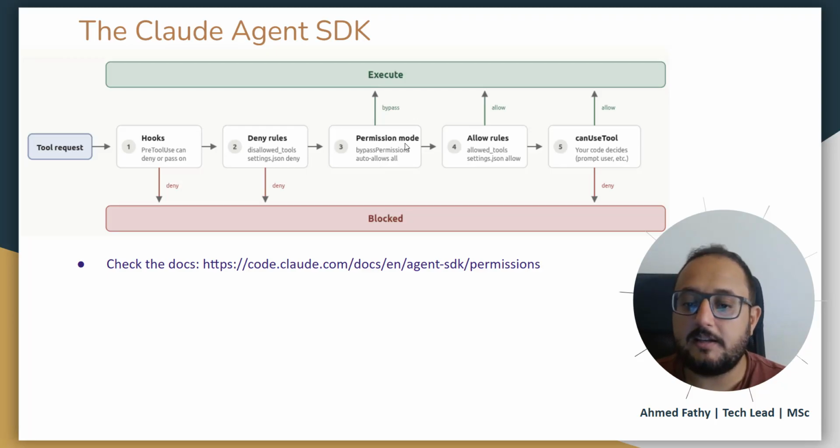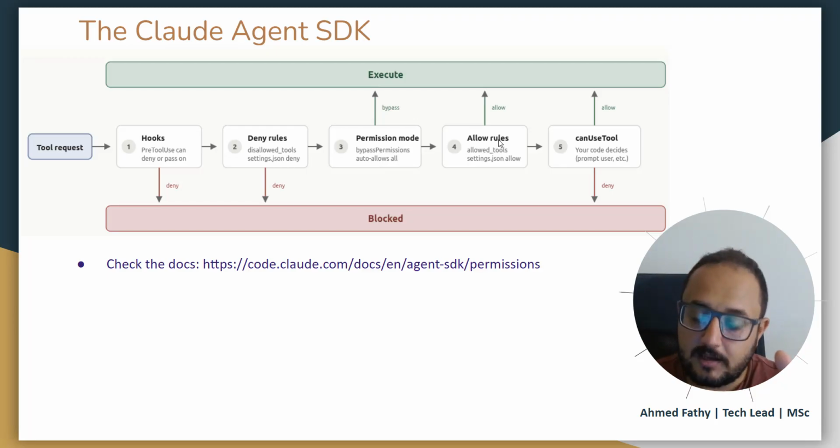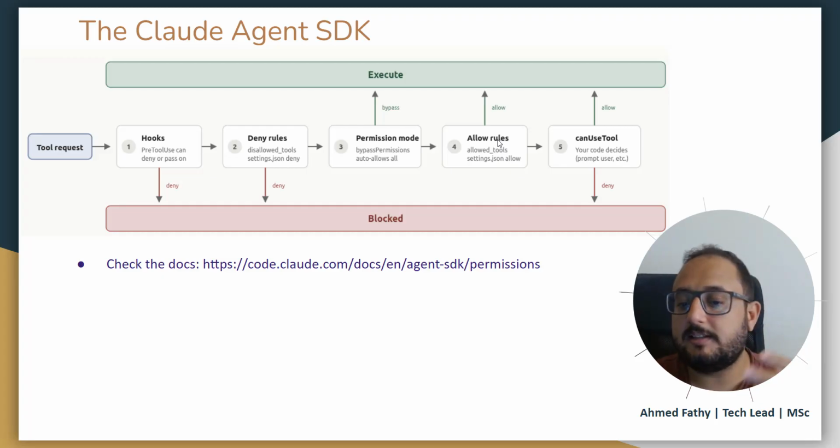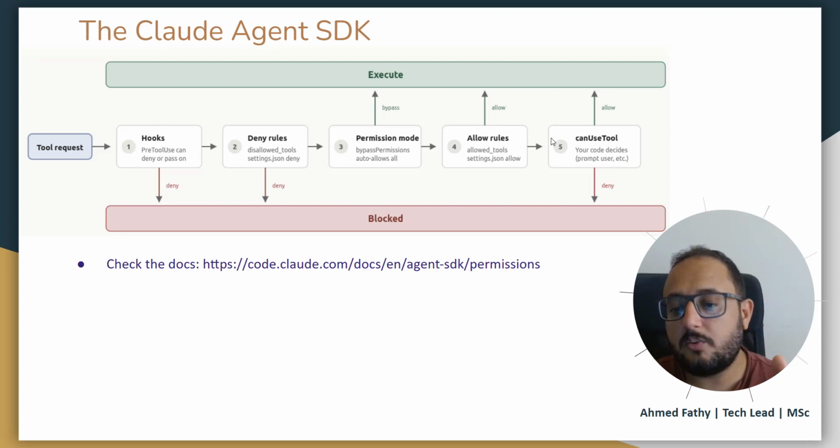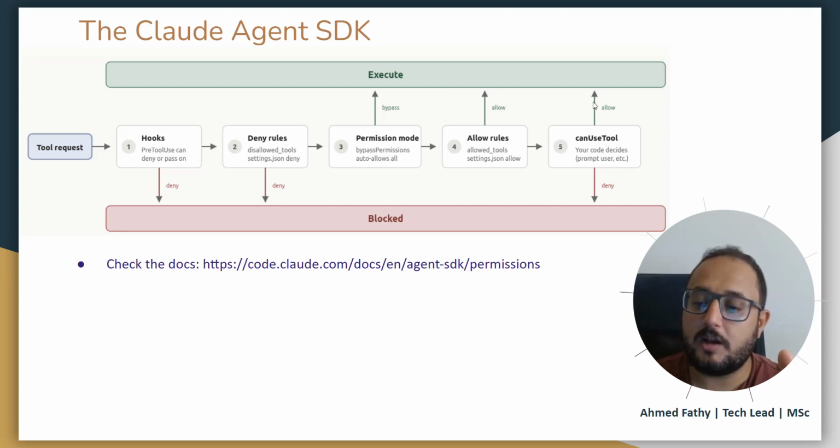However, if it is not bypass all, then you check if the tool is in the allowed tools. If it is in the allowed tools, you just allow and execute. Otherwise, you fall back to can use tool, and with can use tool you can either allow or deny. So this is just the workflow if you would like.